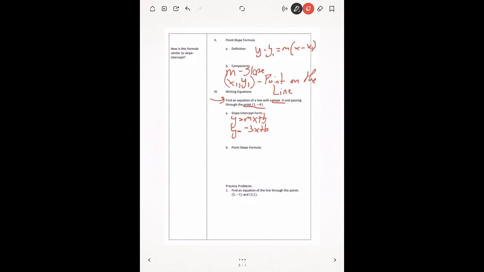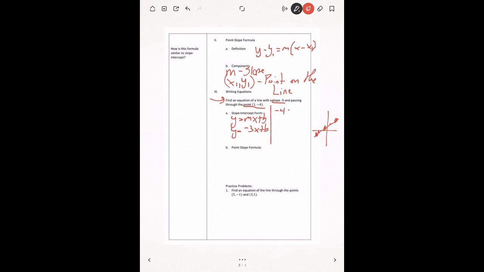But we want to keep in mind that the graph of an equation is a solution set. Every point on that graph is a solution to the equation. You can take any one of these points, plug it into your equation, and I guarantee you're going to get a true statement.